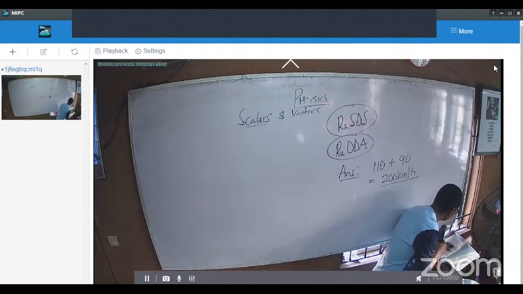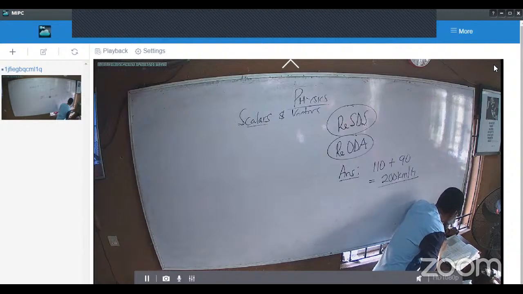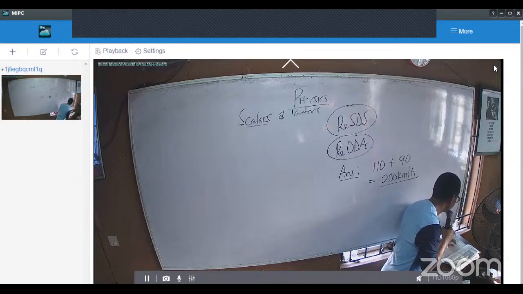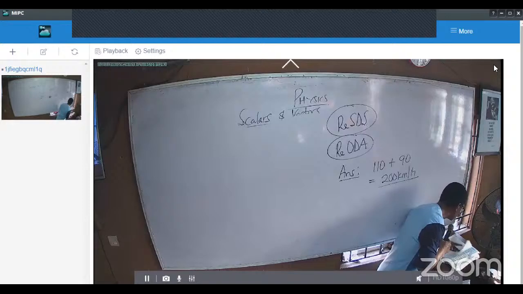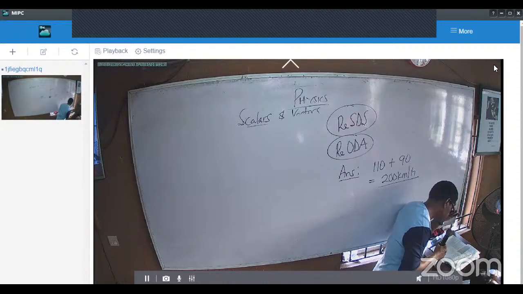Which of the following quantities is scalar? Option A, velocity.